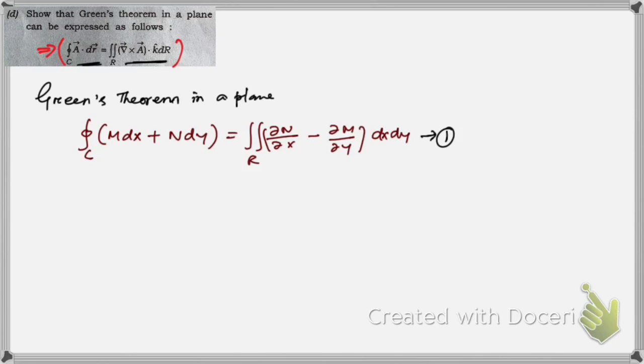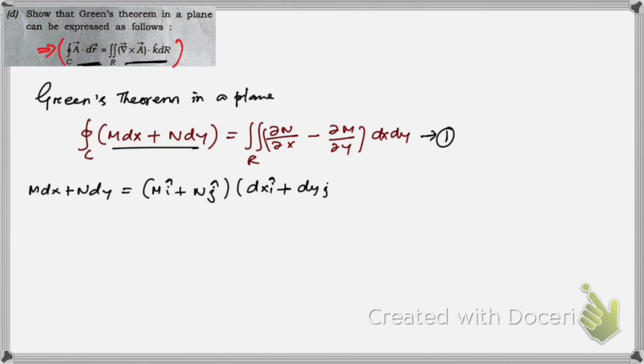First this part, M dx plus N dy, can be written in this way: M i cap plus N j cap dot dx i cap plus dy j cap, right?